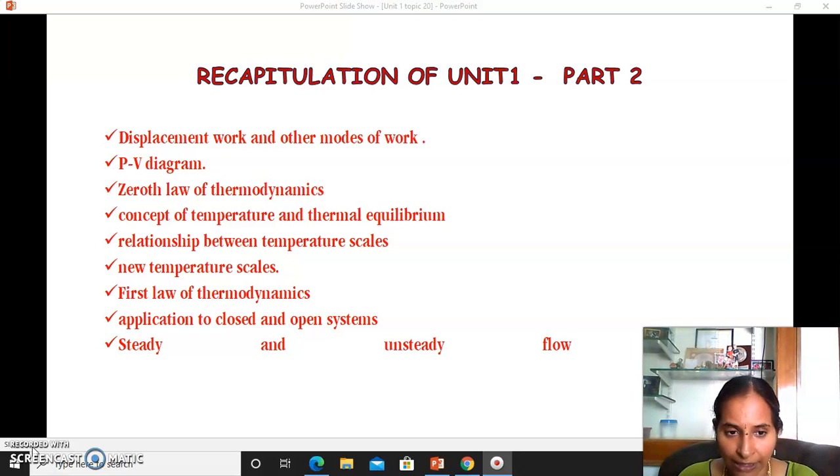Del Q, del W and dU have to be in consistent units. Heat supplied to the gas, work done by the gas and increase in internal energy are taken as positive quantities, as I told. Then heat received by the gas, work done on the gas and decrease in internal energy are taken as negative quantities.